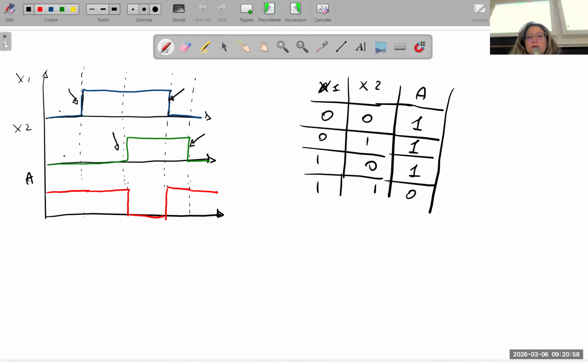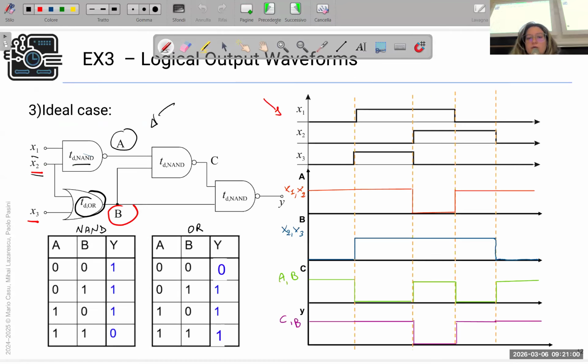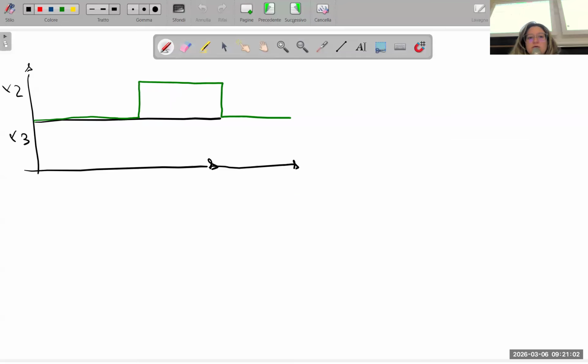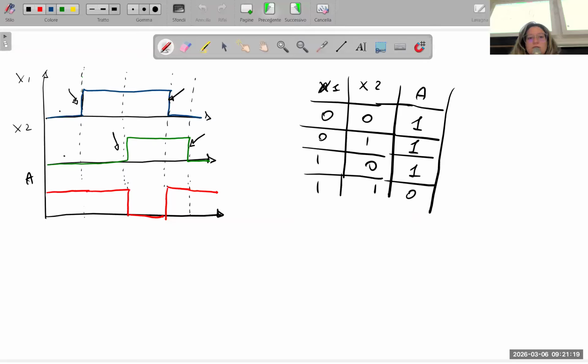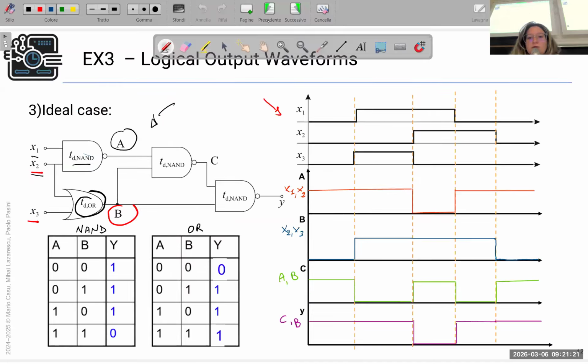Then we have x3, which is more similar to this. Yeah, more or less.